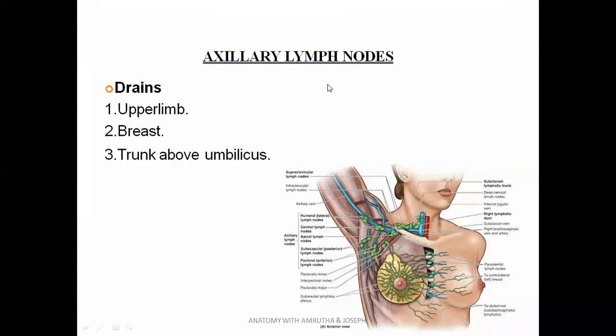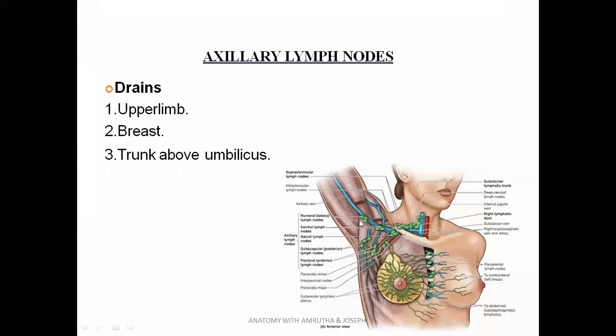Now the axillary group of lymph nodes mainly drains the upper limb. In addition to the upper limb, it also drains the mammary gland, the breast, and also the trunk above the umbilicus. The part of the trunk above the umbilicus is also drained by the axillary group of lymph nodes. So upper limb, breast, and trunk above the umbilicus are the areas drained by the axillary group of lymph nodes.